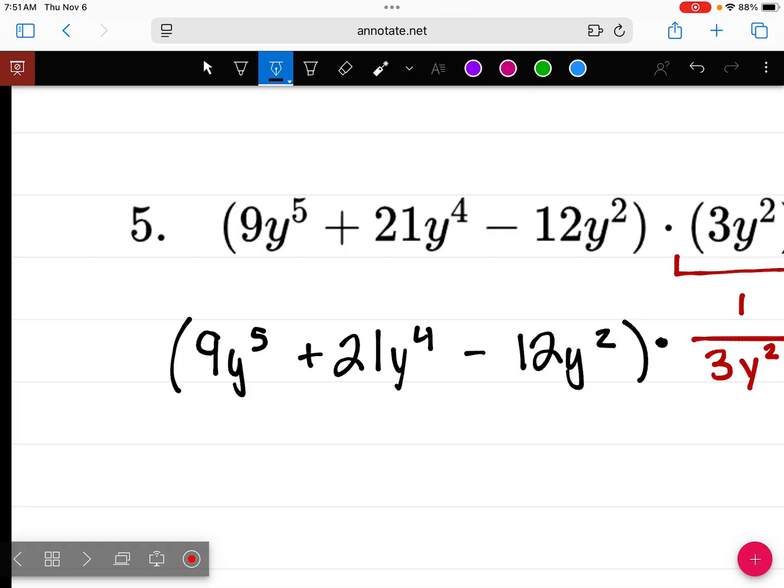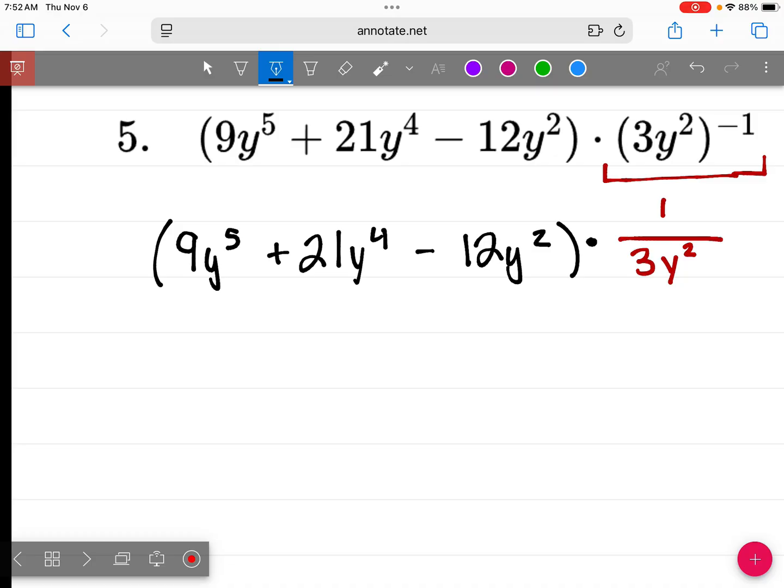So times 1 over, or times something to the -1, is the exact same thing as if I said divide by 3y squared, or if I put all of this over 3y squared. It's the exact same kind of problem, just worded a little bit differently. It looks a little different.